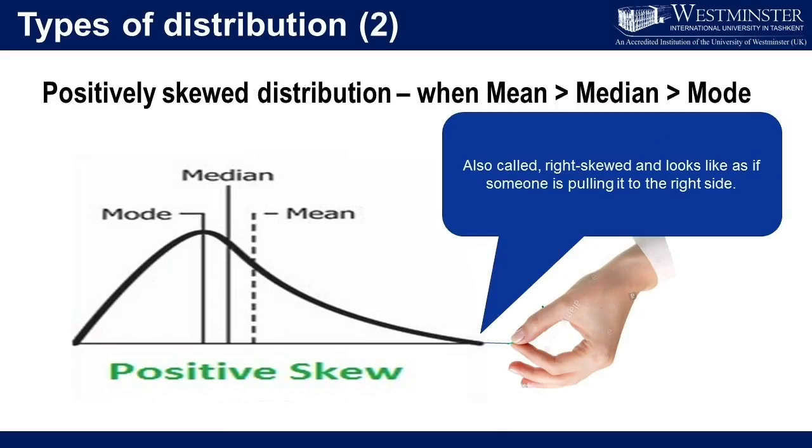The next type is called positively skewed distribution. If you look at the distribution, you can see that it's skewed to the right. It's also called right skewed and looks as if someone is pulling it to the right side.